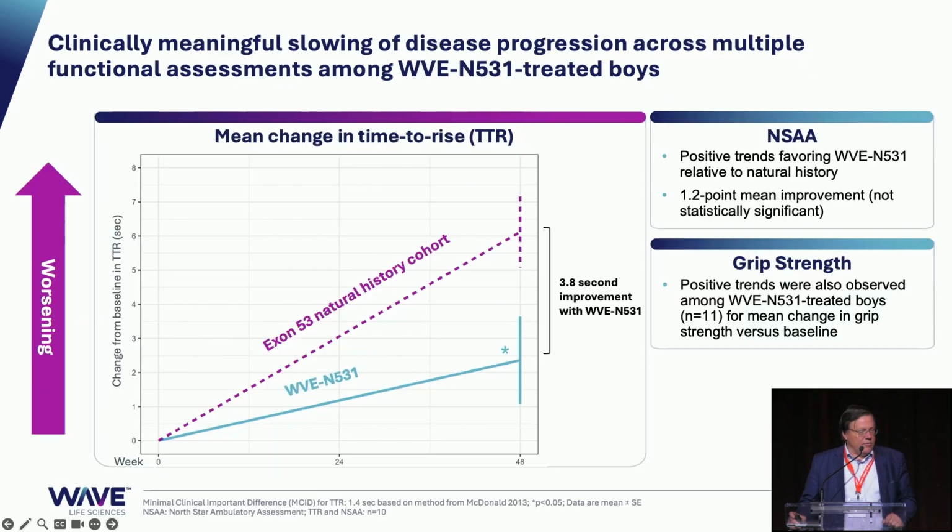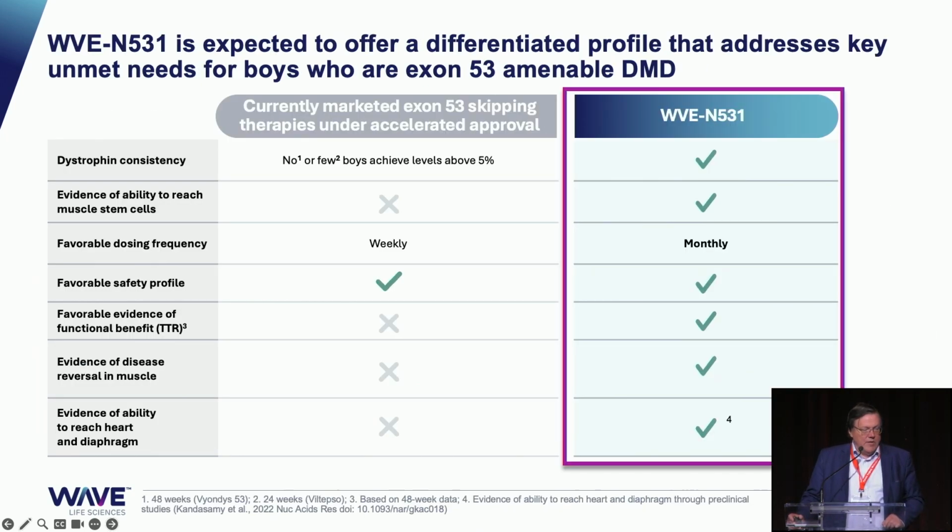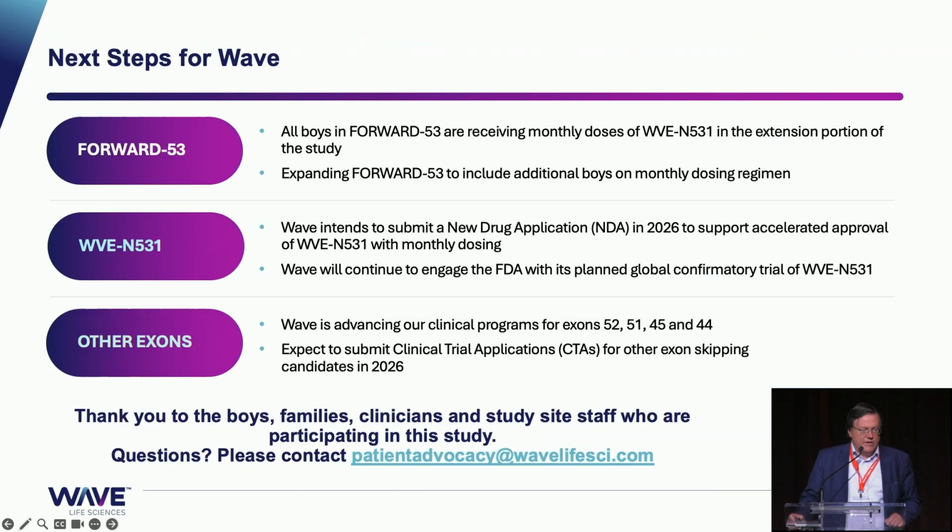And just to put that 3.8 second improvement in comparison, this is in comparison to the natural history cohort. So it did not stop the lengthening of the time to rise, but it sort of slowed it down. So this is, again, something of a differentiated therapy. Again, it's potentially more tolerable in that it's monthly dosing rather than weekly dosing, and does potentially show benefit.